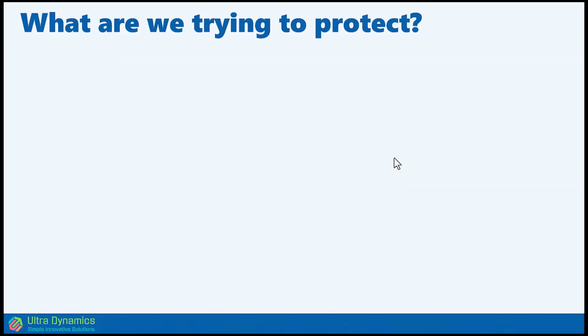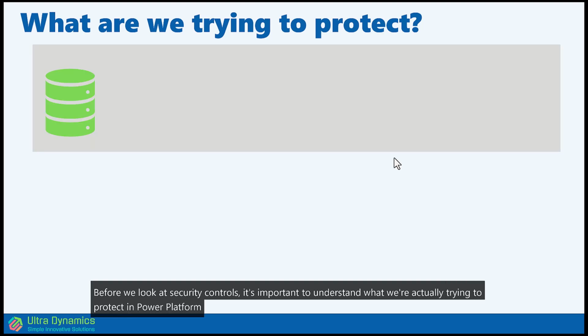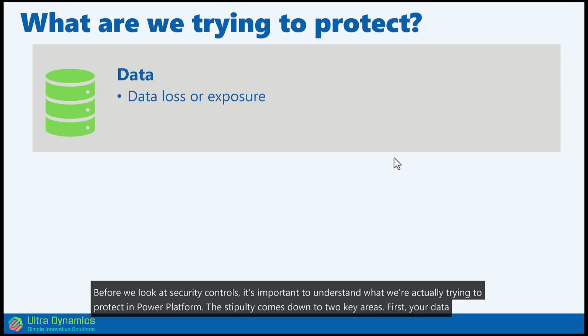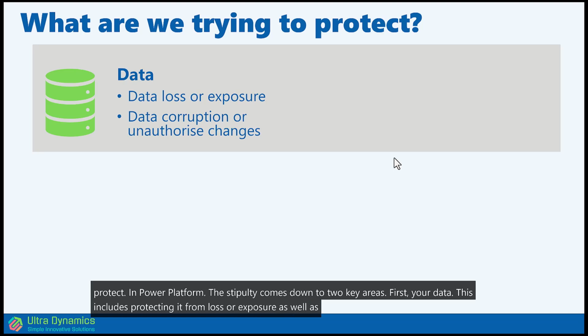Before we look at security controls, it's important to understand what we're actually trying to protect. In Power Platform, this typically comes down to two key areas. First, your data. This includes protecting it from loss or exposure, as well as preventing unauthorized changes or corruption.